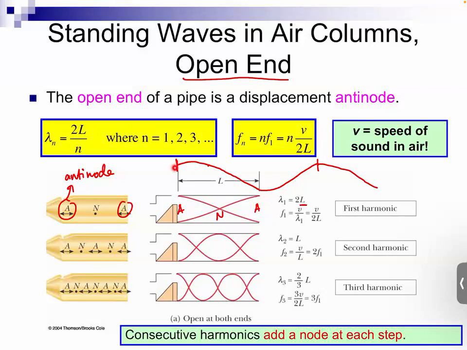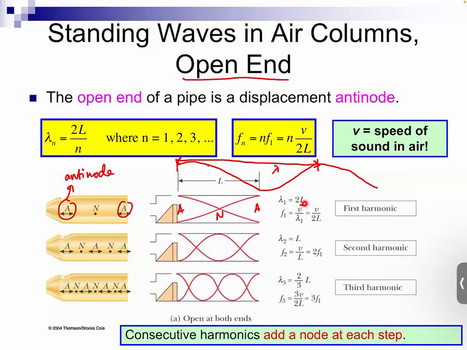One wavelength is defined as the distance through which your wave repeats its pattern. So half of that is fitted through the length of the air column, and therefore the wavelength will be twice the length.